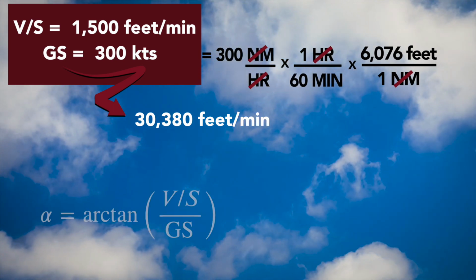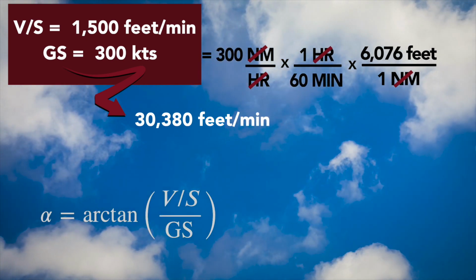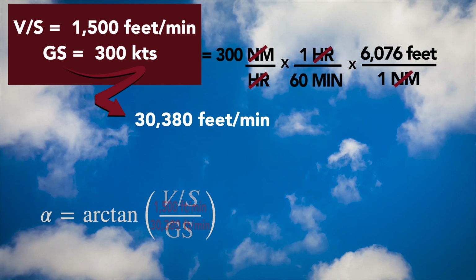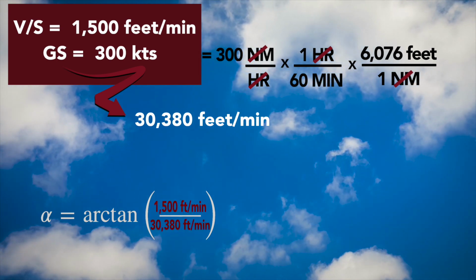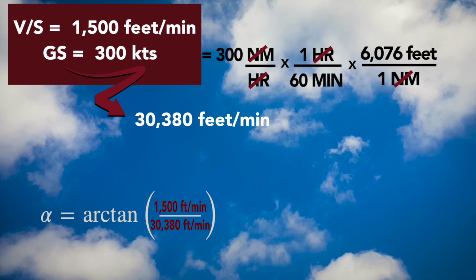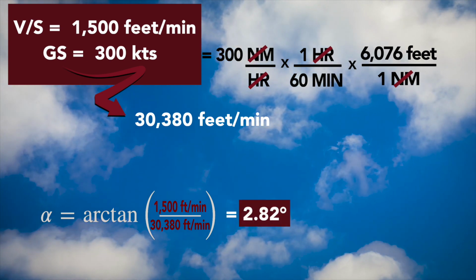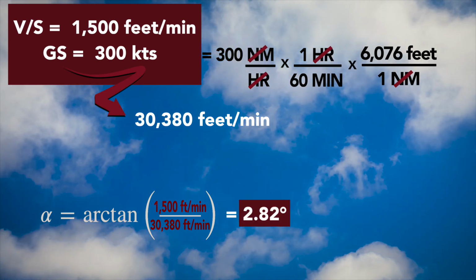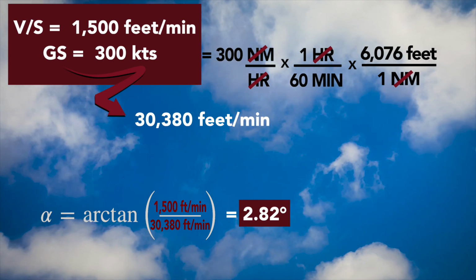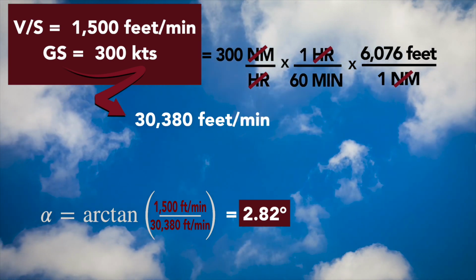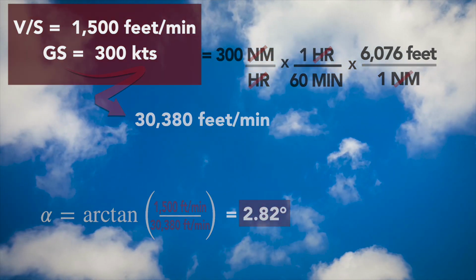So now let's get back to the formula and replace the values. So our vertical speed is still the same and our ground speed is 30,380 feet per minute. So as you can see, now the result is 2.82 degrees, which is our flight path angle for our given ground speed and vertical speed.